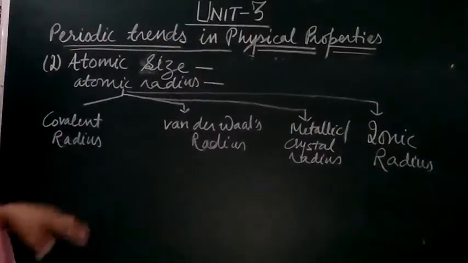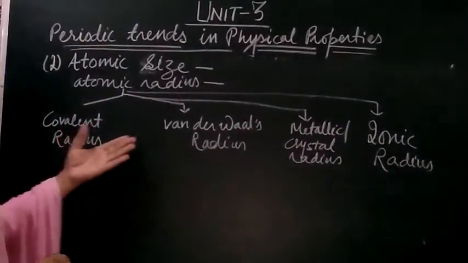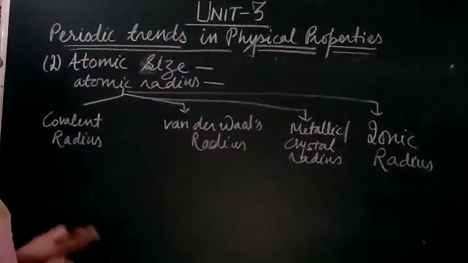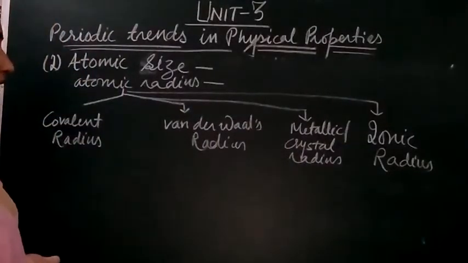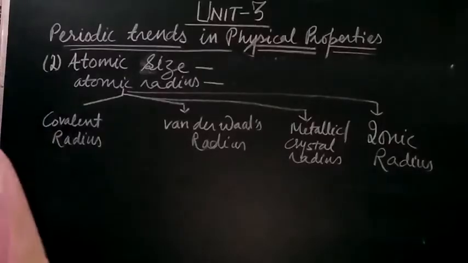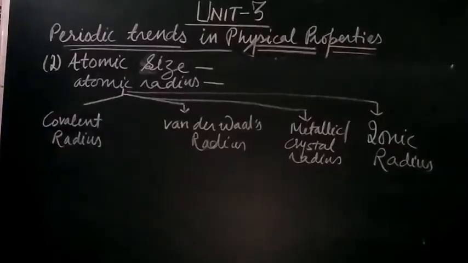Now this division of the atomic radius, whether it is covalent, van der Waals, metallic or ionic, will depend upon the nature of bonding which that atom is having with its surrounding atom. So we will just continue ahead.